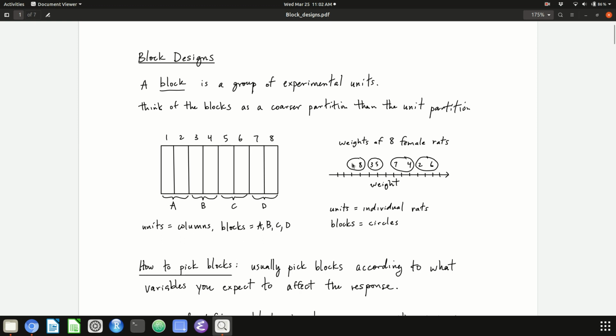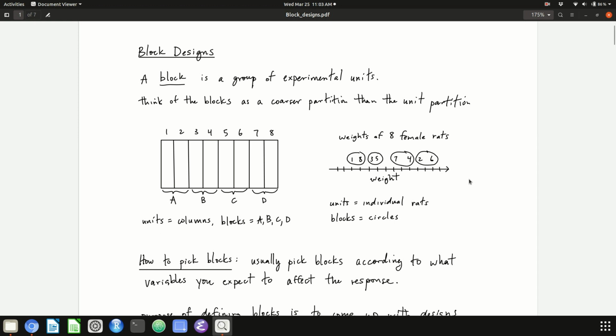Rat 1 is the lightest weight rat, and rat 8 is the heaviest. The block is just a group of experimental units. So we could define the first block as 1 and 8, the second block as 3 and 5, the third block as 7 and 4, and the fourth block as 2 and 6.